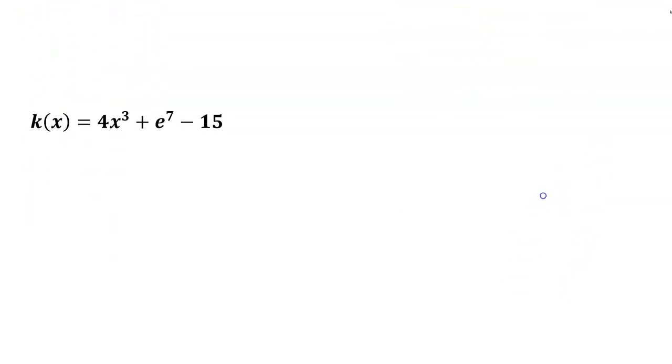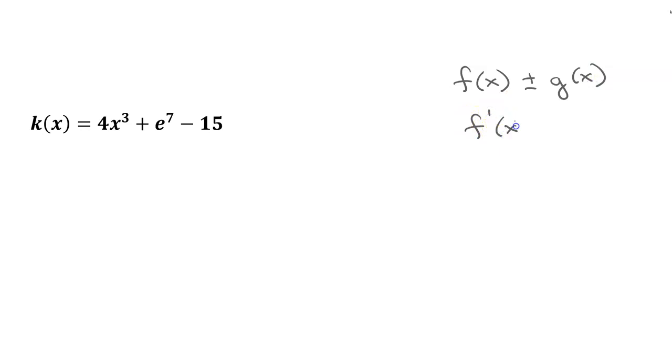So what if we have more than one thing in our function? Well, that's not a problem. If you have f of x plus or minus g of x, then all you got to do is the same thing for the derivative.